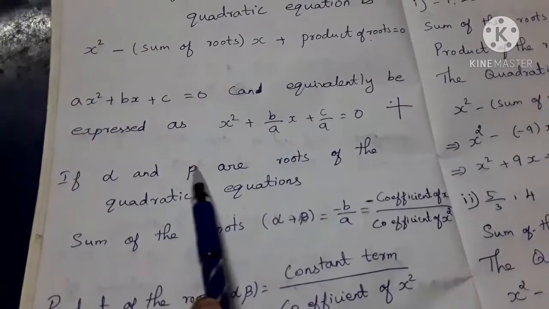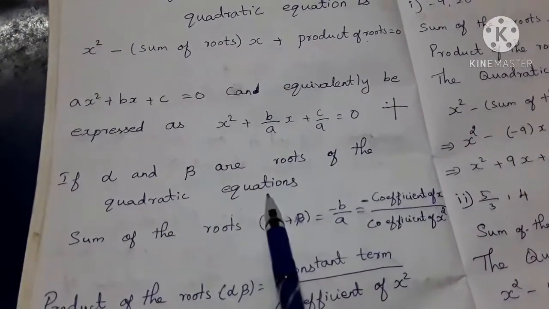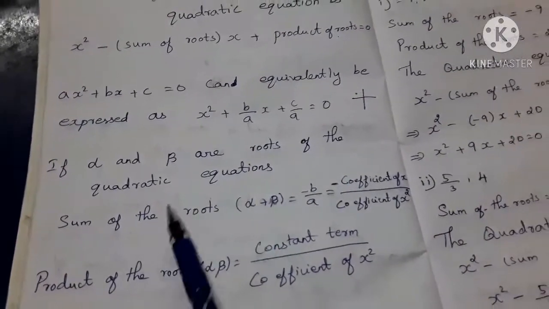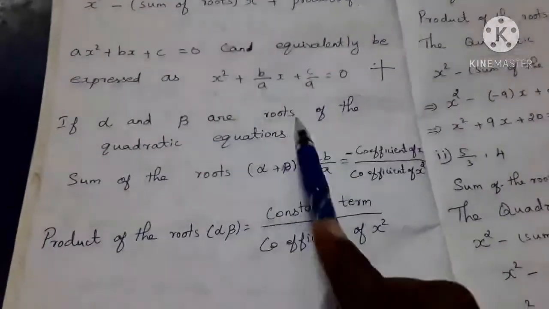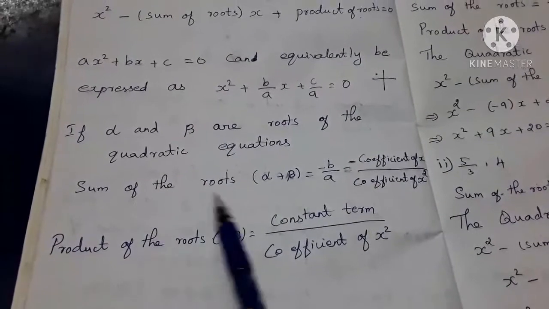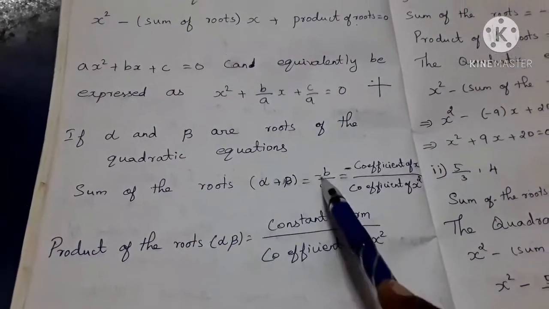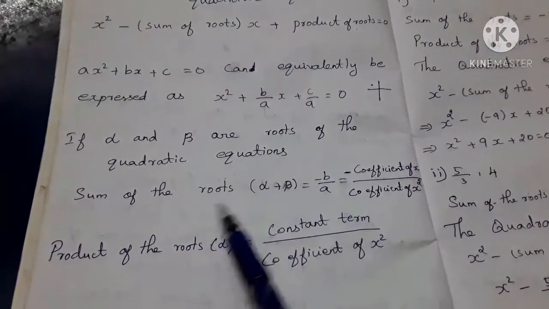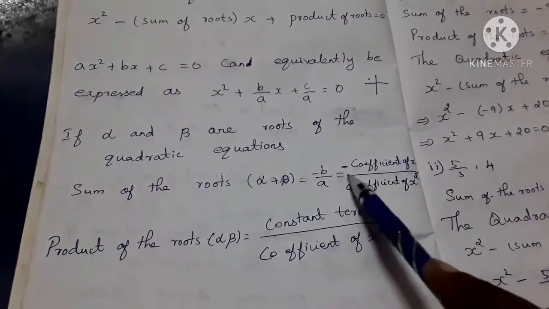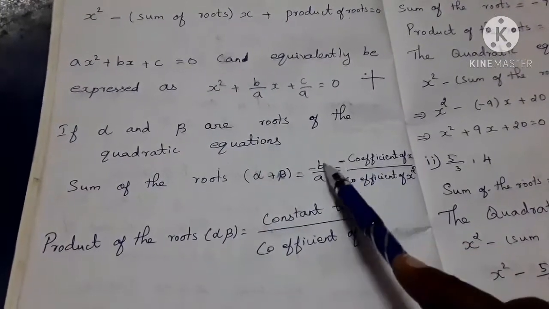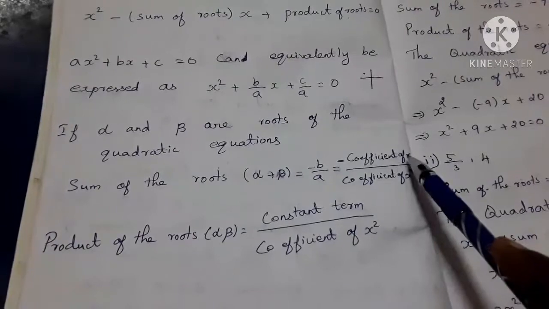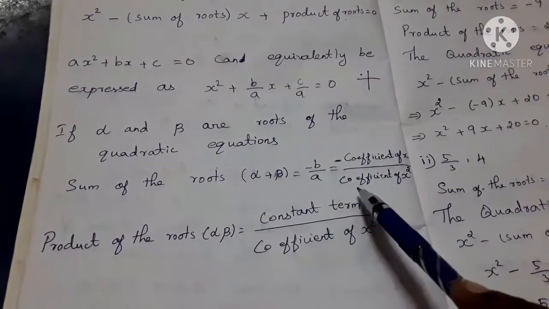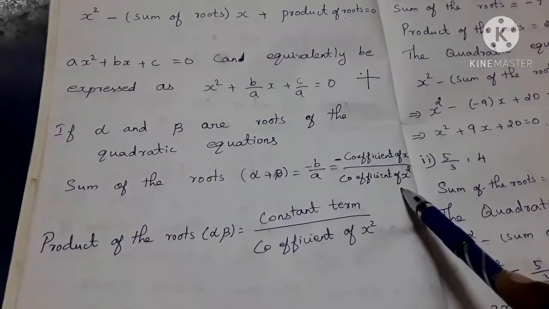Alpha and beta are the roots of the quadratic equation. So how do we find the sum of the roots? It is minus b by a, where b is the coefficient of x and a is the coefficient of x squared.